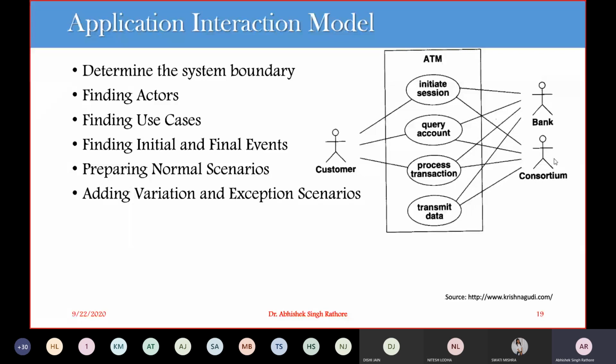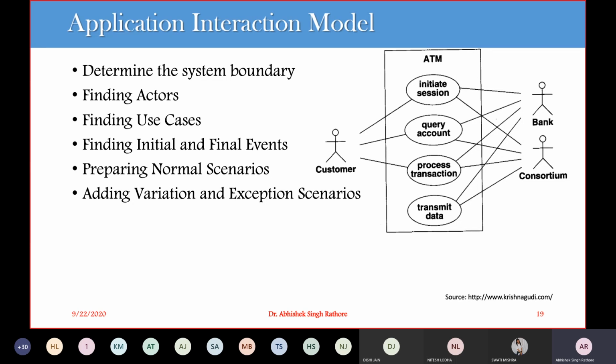Then we have transmitting data. The customer doesn't interact with this transmitting data. Your ATM uses the consortium facilities to communicate with the appropriate bank computer. So we can transmit data, say every 15 or 20 minutes, or periodically.